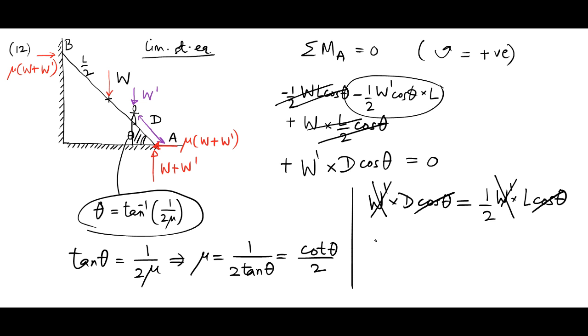So you get d is L by 2, which means that when the man climbs up the ladder, the limiting equilibrium condition corresponding to the ladder being in the state of impending slipping, that happens when the man is at the midpoint of the ladder, which also means that the weights w dash and w pass through the same point.